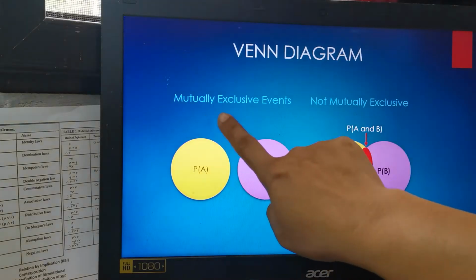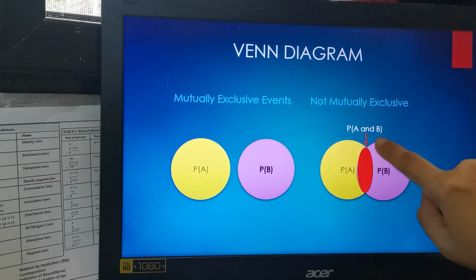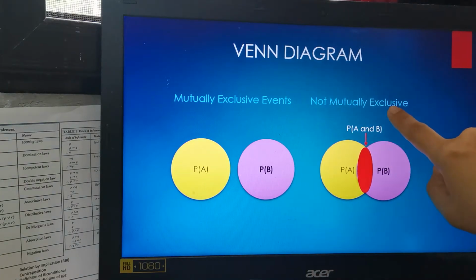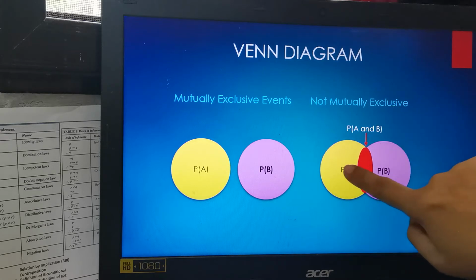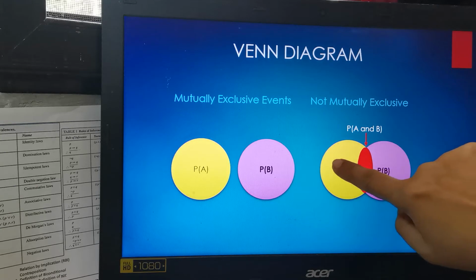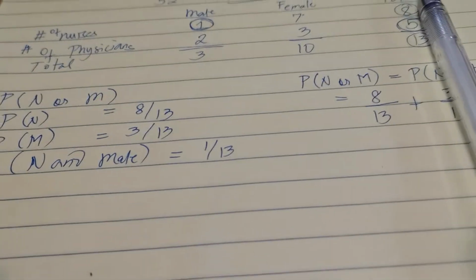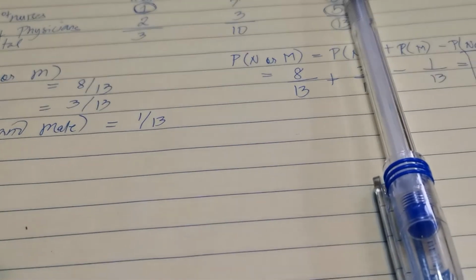Okay, so kapag mutually exclusive events, wala silang parehong outcome. Pero kapag not mutually exclusive, meron silang parehong outcome. At ito yon. Okay, halimbawa, yung ano kanina, yung event diagram natin ito, yung nurse at saka yung male.